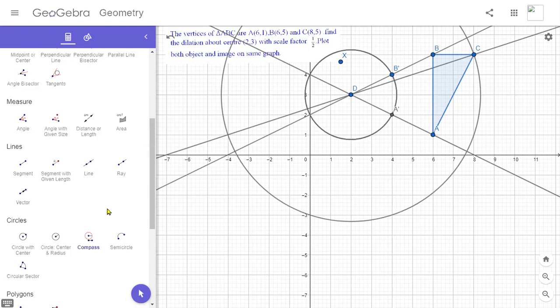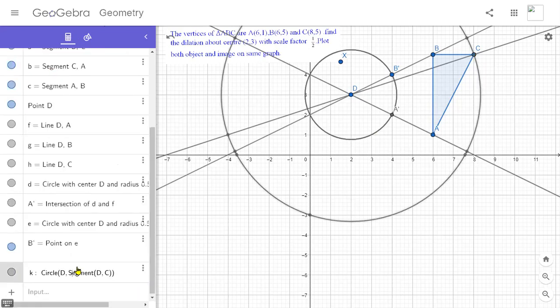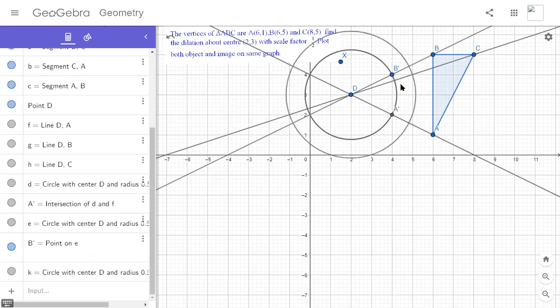Let me change the radius of this circle by half, just 0.5. This circle has radius exactly half of DC.